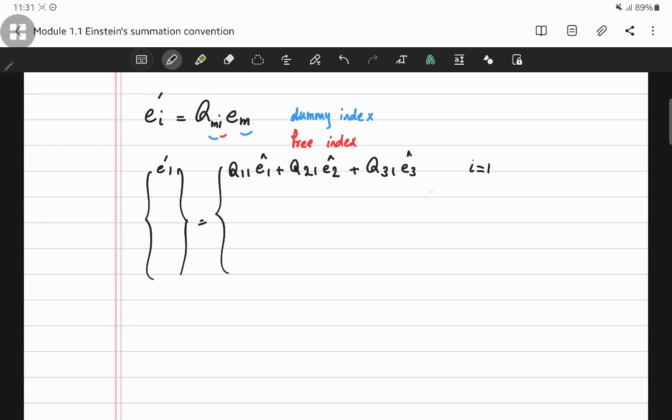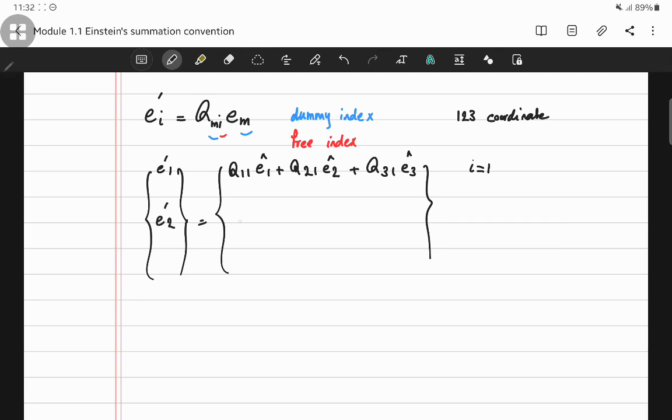Let's say you have a tensor q_mi here, so let's call it a tensor simply right now. If you want to transform it from the 1 to 3 coordinates to the prime coordinates here, you will have to do something like this.